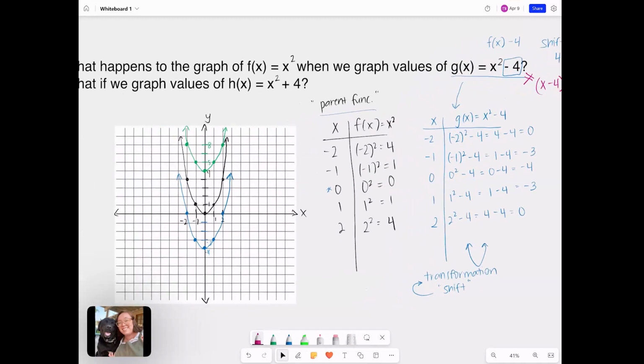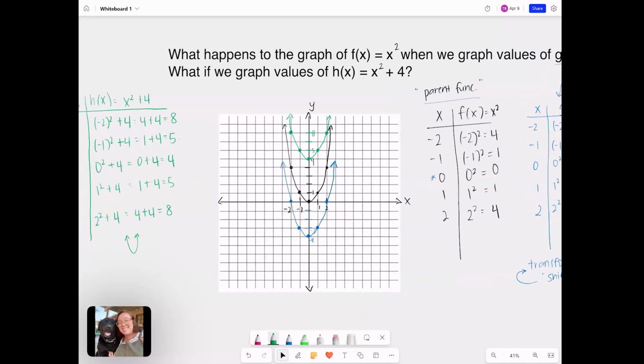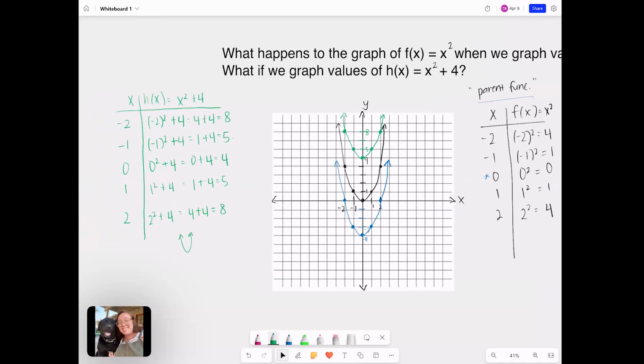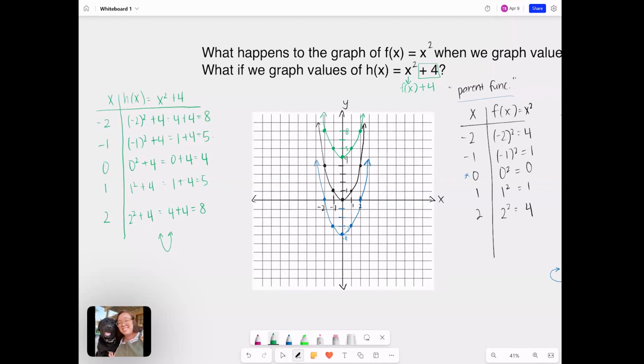And then what's the difference between, again, our original, our parent function, and when we add 4? So again, this is an f of x plus 4, because this is just f of x as it is. So in this case, you can see from the black to the green, everybody moved up 4 spaces.